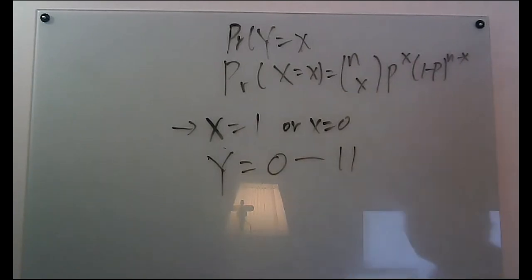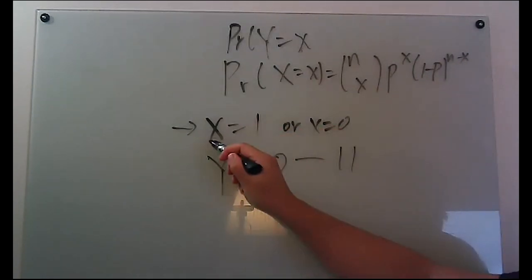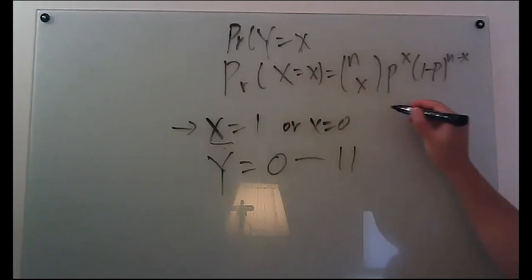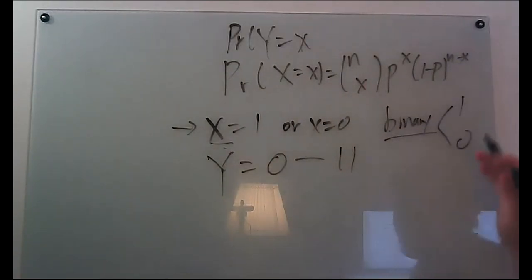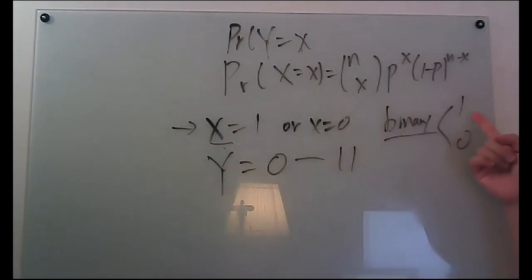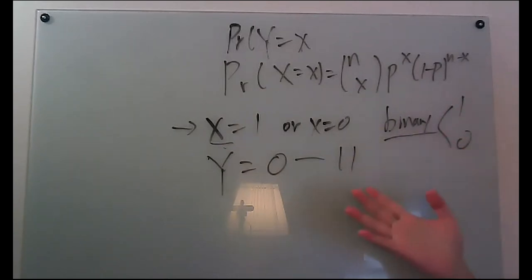A binary variable is either 1 or 0, right? So it's 1 if it functions well and 0 otherwise, or 1 if it doesn't function well and 0 if it functions well.